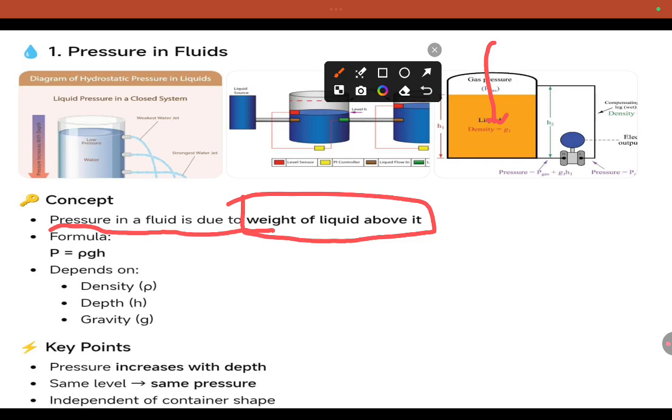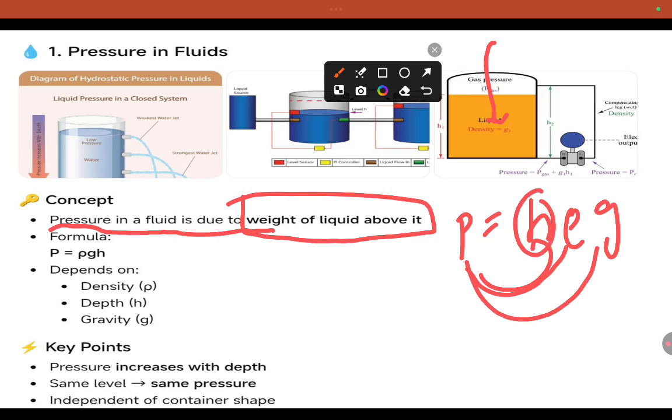So pressure depends on what factors? Pressure P equals h rho g. So pressure depends on depth, height means here depth, density, and gravity. Pressure depends on density, depth and gravity.